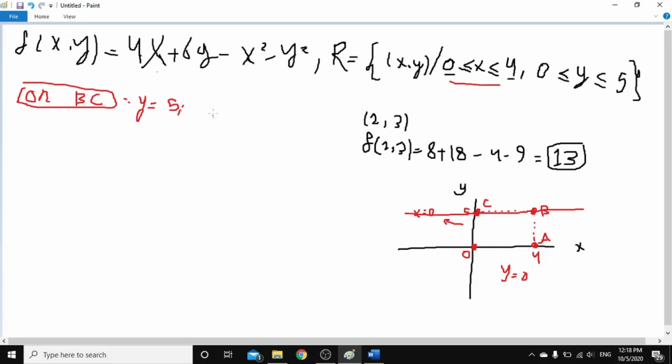Okay, and then we write the bounded region in the x. So x is greater than or equal to 0 and less than or equal to 4. So let's write the function of x here. Dealing with the x-axis, x is still the same and the y changes. So the y here is 5.